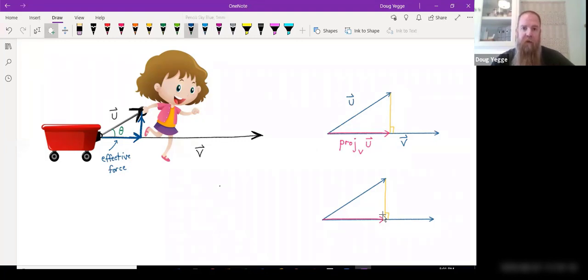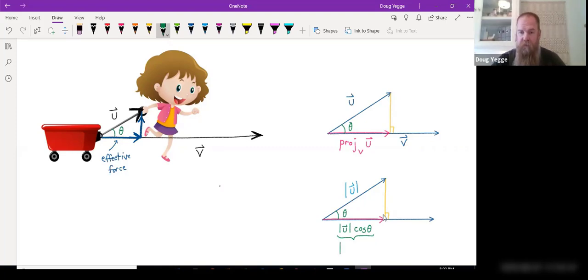If I look at this length right here as being the magnitude of u, and this right here is the angle between them, then cosine of theta is equal to the adjacent side over the hypotenuse, which must mean that this side is the magnitude of u times cosine theta. So that right there is now the length of the projection.